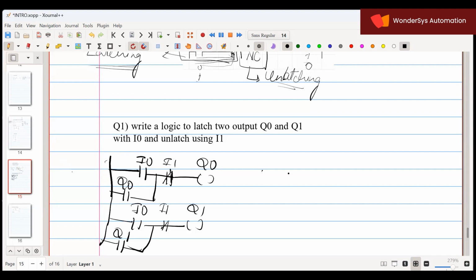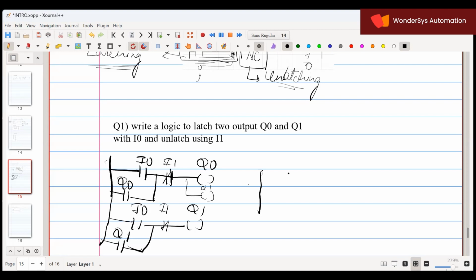According to the second rule, inputs can be connected in series or parallel, whereas outputs can be connected only in parallel. So there is a provision that I can connect my output like this, and I will utilize that. The condition is that you should have the same input condition. If you have different input conditions, you cannot directly connect in parallel because it might not work properly. You have seen in the previous examples, correct?